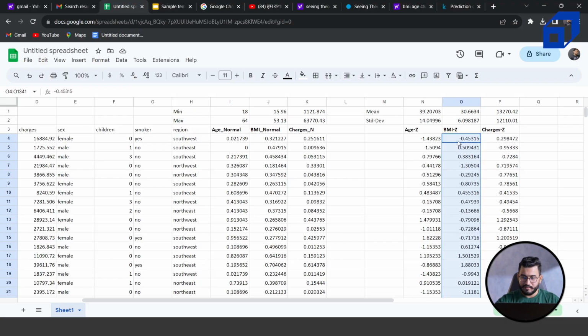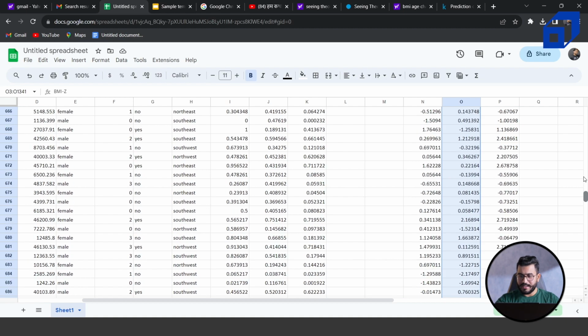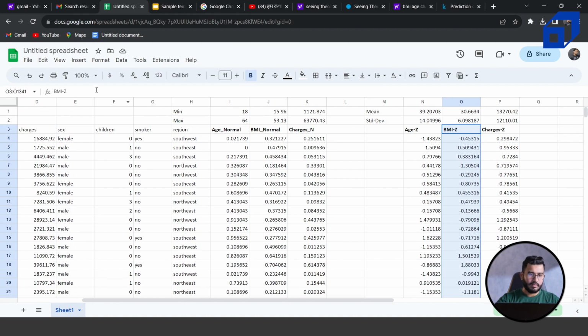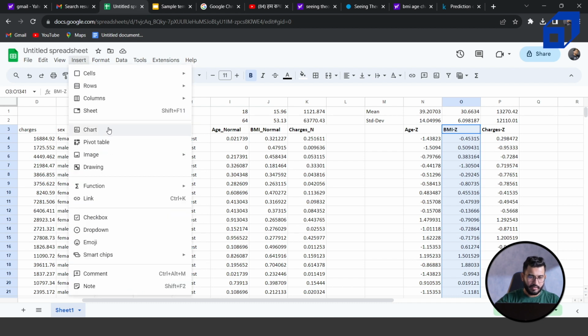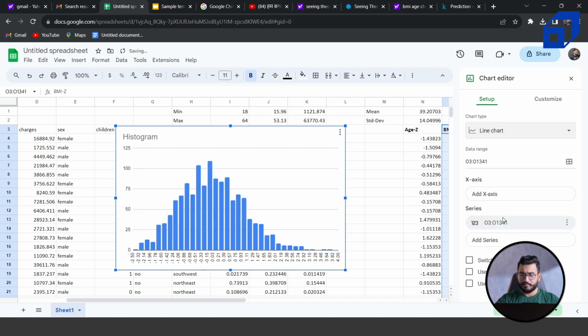And since I have converted the BMI column completely into a z-scale or standard scale, now just see the magic. I have selected the BMI column, and now we will go to the insert option in this Google Sheets, go to chart, and we will select the histogram.